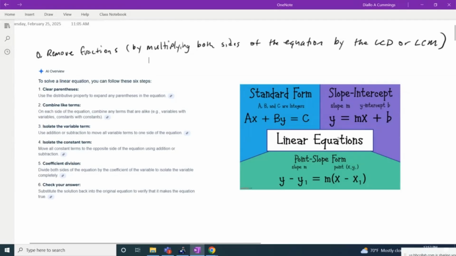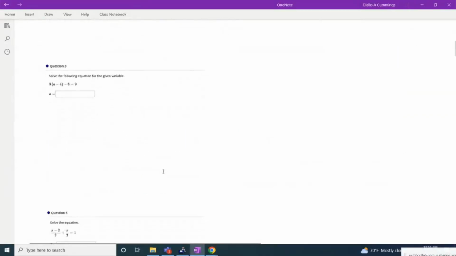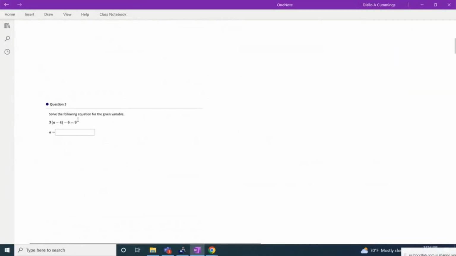So this would give us a linear equation. If we had powers higher than the first power, then we run into other polynomials such as quadratic, cubic, quartic, that sort of thing. All right. But in this particular module, we're taking a look at linear equations. So let's take a look at solving a linear equation by using those steps.